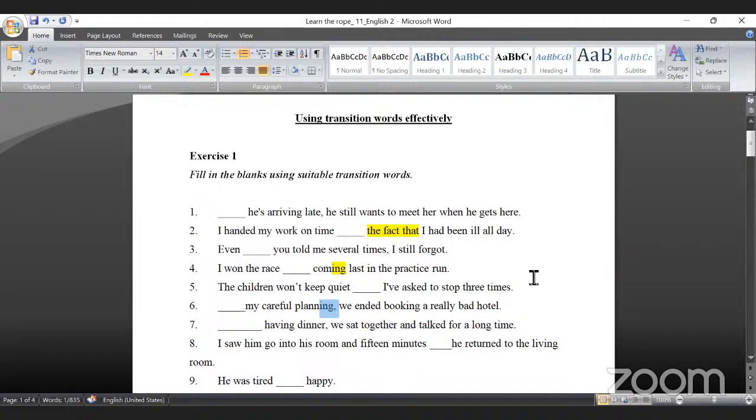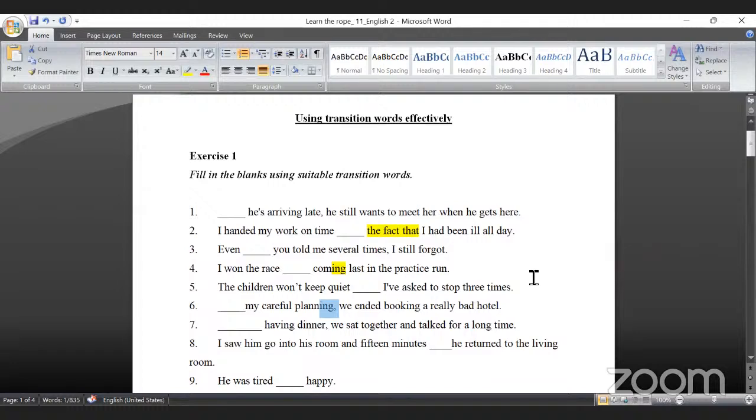All right. Now, seventh one, dash having dinner. Again, you have the ing. Having dinner, we sat together and talked for a long time. In spite of, yes, in spite of or despite. Oh, sorry, 1 second. Together. What is that? This seems to be some problem with the construction of that sentence, meaning wise.